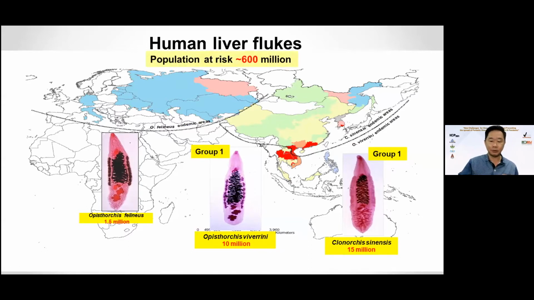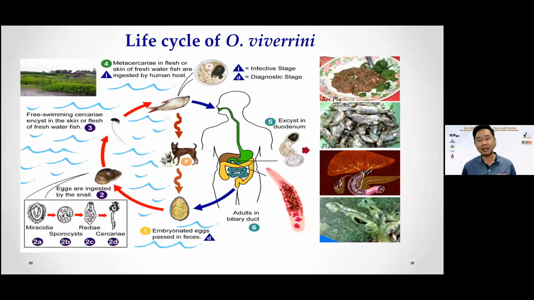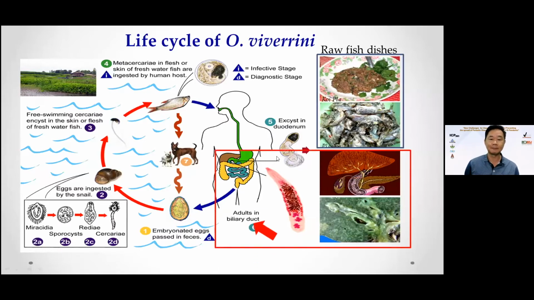Among these, about 600 million people are at risk. I'm not going to take too much time on the life cycle of the OV, but some of you may be interested that Opisthorchis viverrini is a liver fluke acquired from raw fish. People who get infected eat raw fish, especially cyprinid fish, which are popular in northeastern Thailand in dishes like koi pla and pla som.